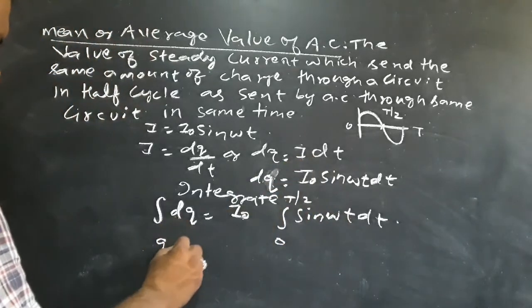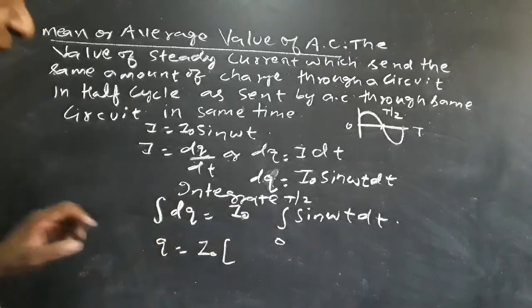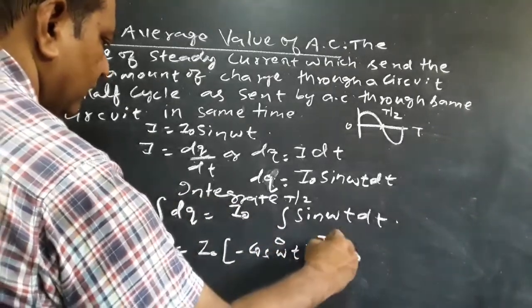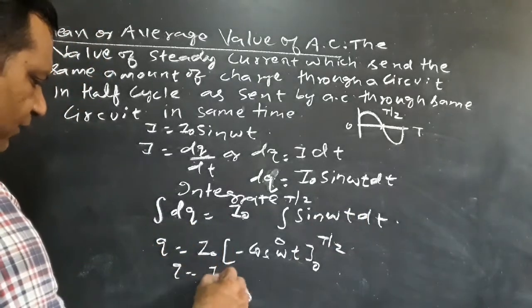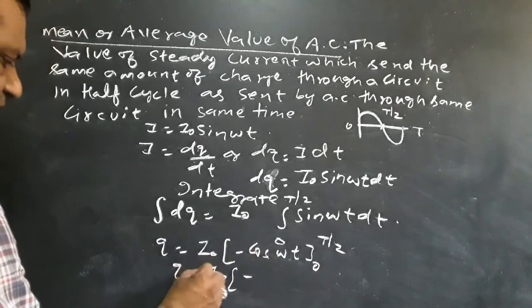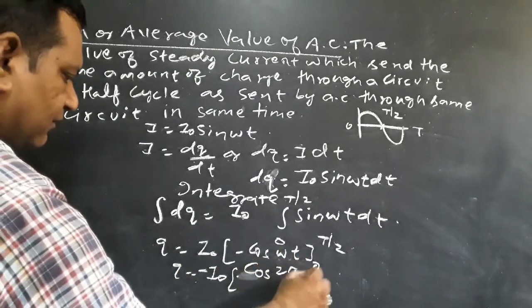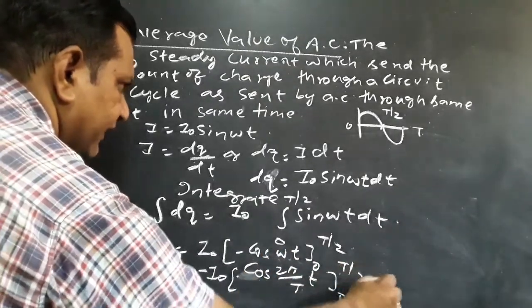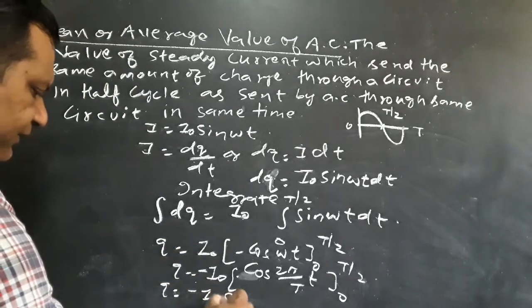Now Q is equal to I naught. Integration of sin omega t is minus cos omega t, 0 to T by 2. Q is equal to I naught, minus, omega is 2 pi upon T, small t 0 to T by 2. Now Q is equal to minus I naught.